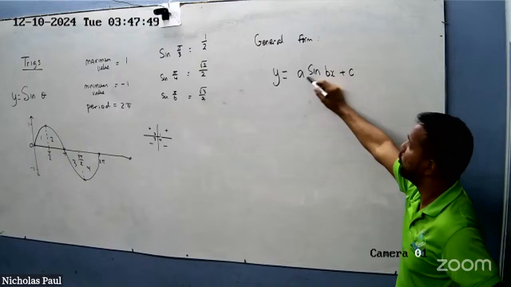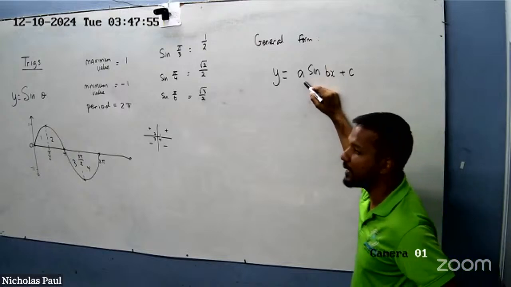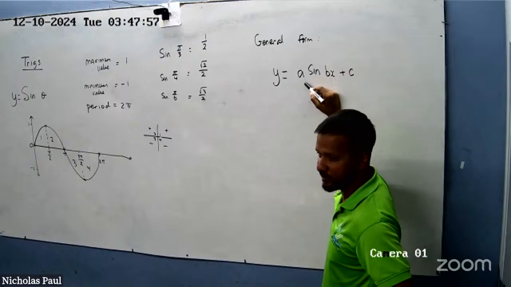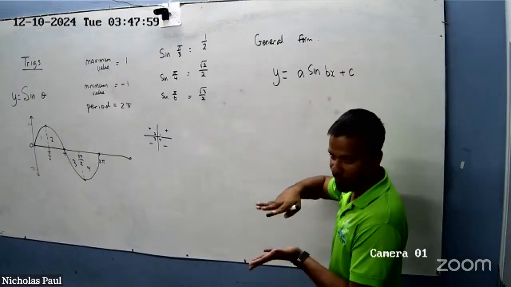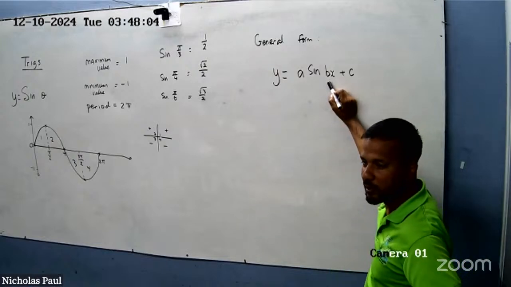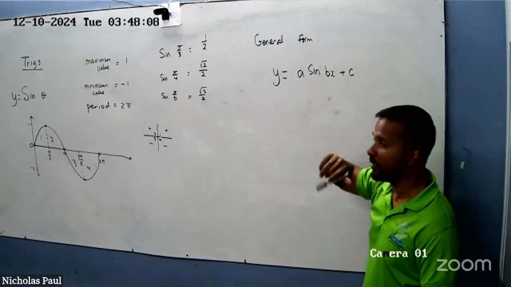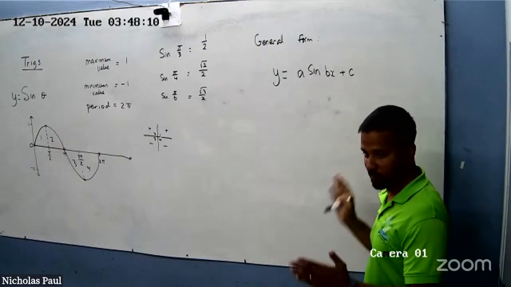Right? What will the A do? It will stretch it or shrink it, right? And what will the B do? So A will stretch it vertically. B will stretch it horizontally.